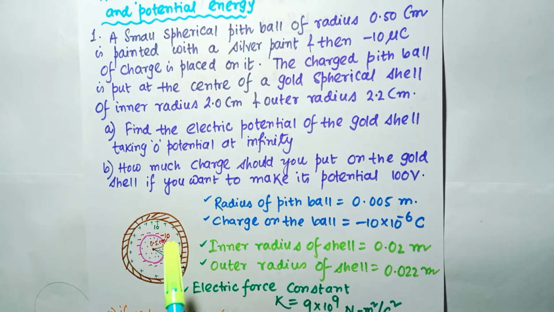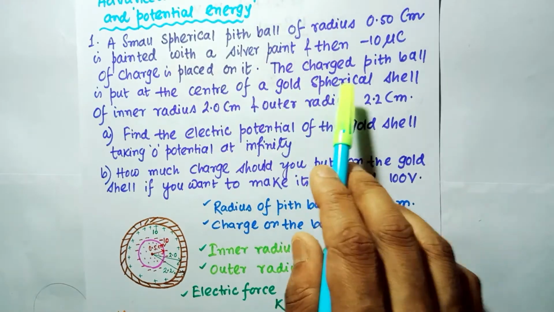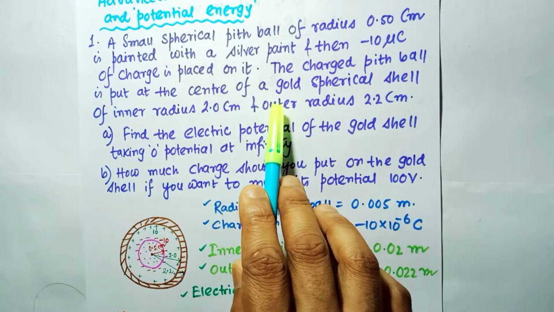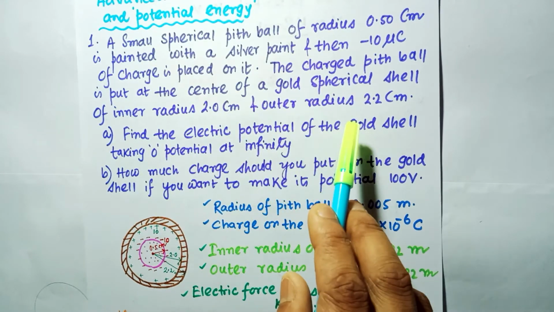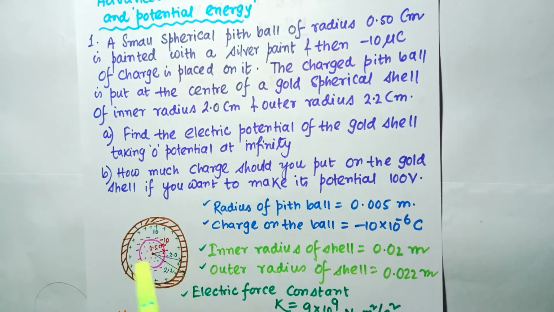The charged pith ball is put at the center of a gold spherical shell of inner radius 2 centimeter and outer radius 2.2 centimeter. You can see this is marked here.